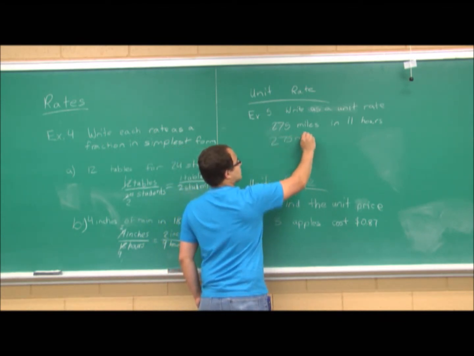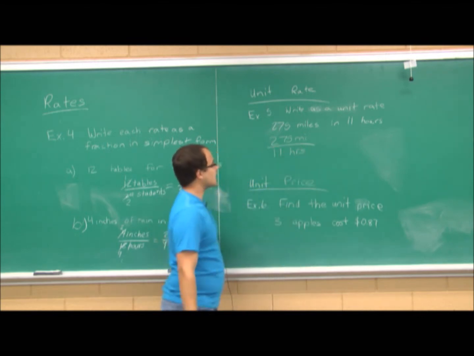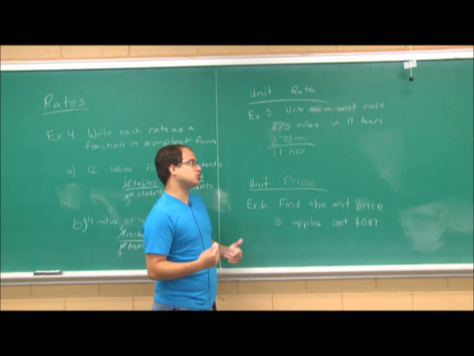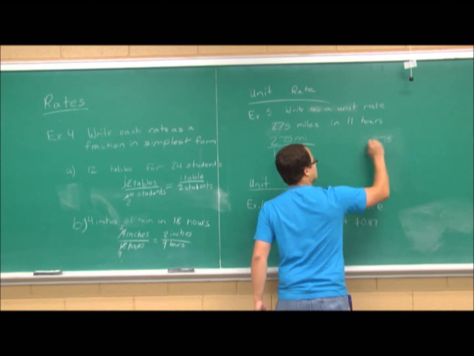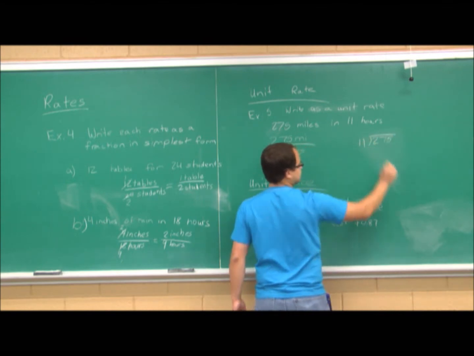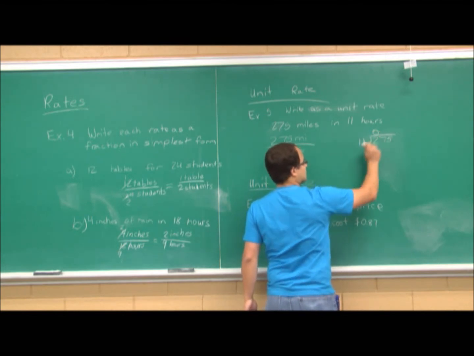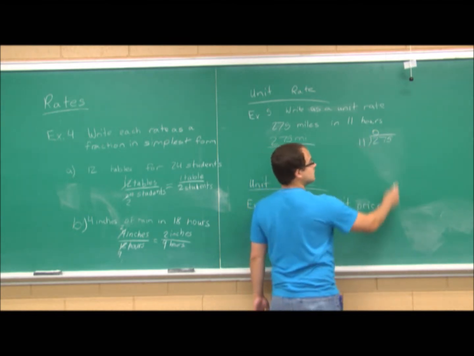So how do we convert this to a unit rate? How can I get this to be 1? Well, all you have to do is the long division required. So 275 divided by 11. Does 11 go into 2? No. Then does 11 go into 27? Yes. How many times?